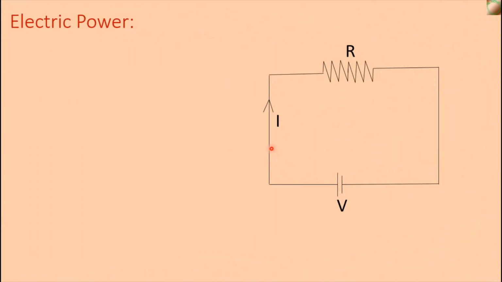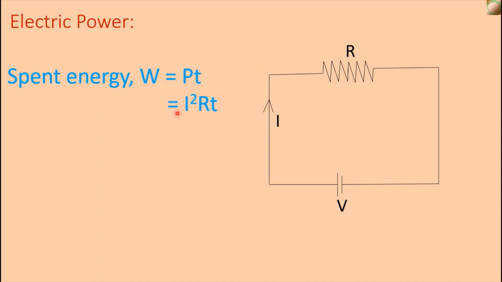This is an electric circuit. Here I current is flowing through the resistance R and V is the electric potential. If I current flows through the resistance R, then the spent energy W is equal to PT, and this is equal to I square RT.